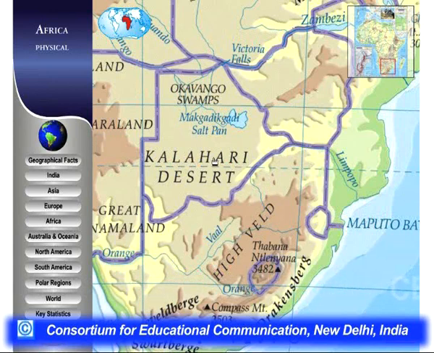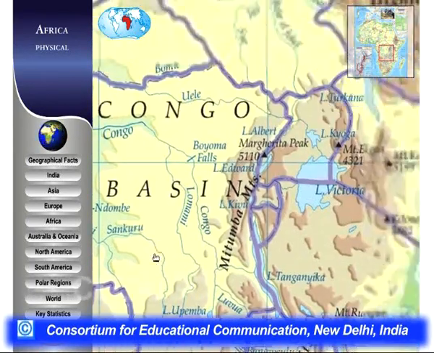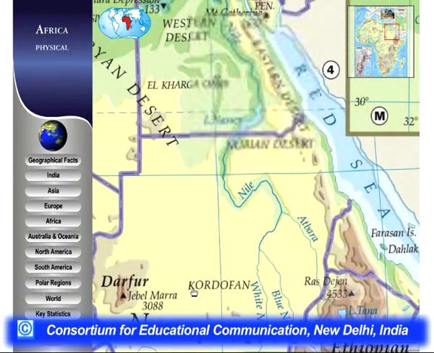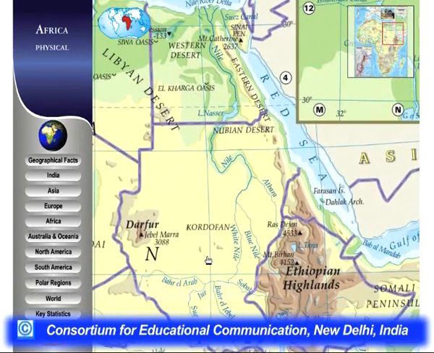And finally, now I'll move to the most important drainage of the Africa continent, which is Nile system. River Nile, backbone of the livelihood economy of countries like Egypt, North Sudan, South Sudan, including Ethiopia.